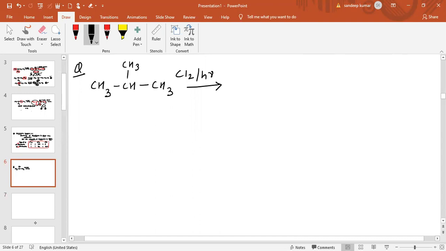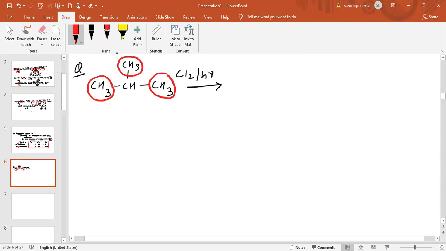See what happens. The product obtained can be either this group or this group or this group. These three groups are the same.